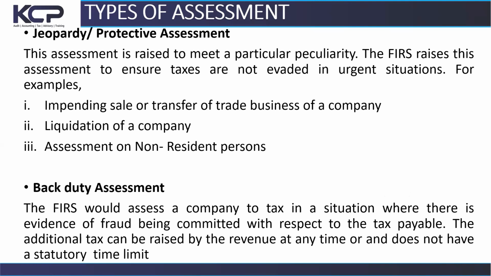Then we have what we call jeopardy or protective assessment. This assessment is raised to meet a particular peculiarity. The FIRS raises this assessment to ensure that taxes are not evaded in urgent situations, right? For example, an impending sale or transfer of trade or business. Most of the time, this occurs as a speculative assessment.